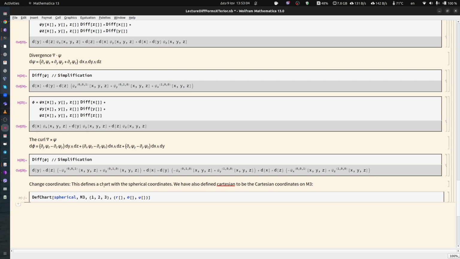The old chart, called Cartesian, of course still remains. We can define many charts on the same manifold. So def chart now defines a new chart. It gives it the name spherical. It refers to the manifold M3, which we have already defined. Indices take values 1, 2, 3, and the coordinate functions are now called r, theta, and phi.